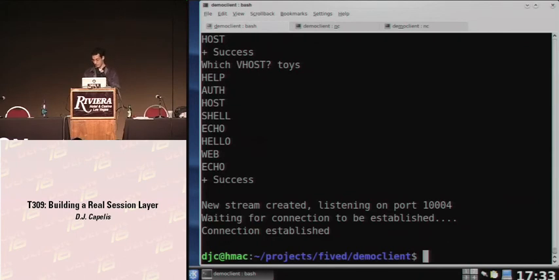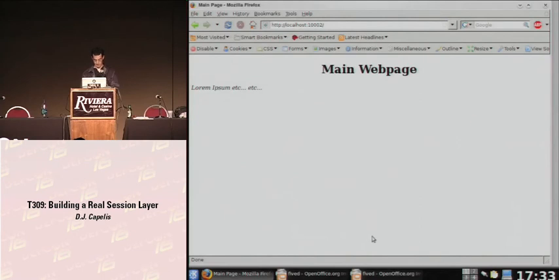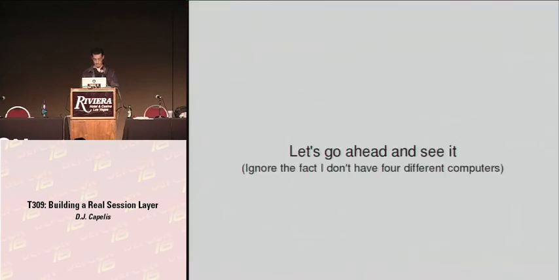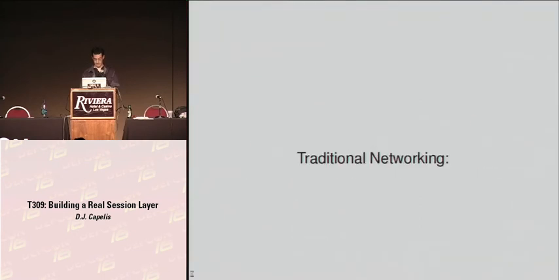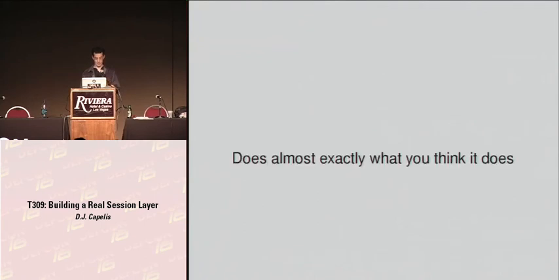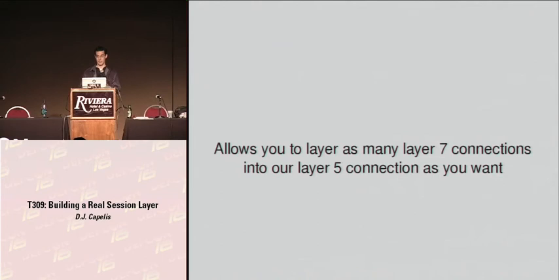So since I'm running faster than I thought I would, let's go ahead and explain exactly how this works from a little bit more of a technical perspective. I said that it was multiplexing layer 7 connections down onto the layer 5 service.